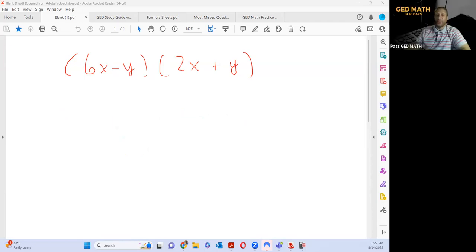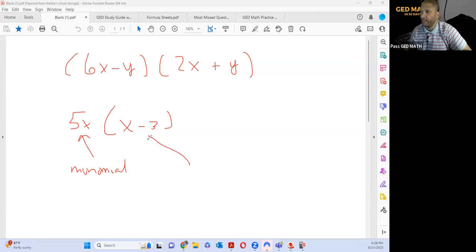So understand that in that first one, we are multiplying a binomial times a binomial. I thought you said polynomial, Mr. Tinsley. This is what you want to remember. We've got to have the terminology. If I have 5x times x minus 3, this is a monomial because it's one term. Mono means one. This is a binomial because bi means two.